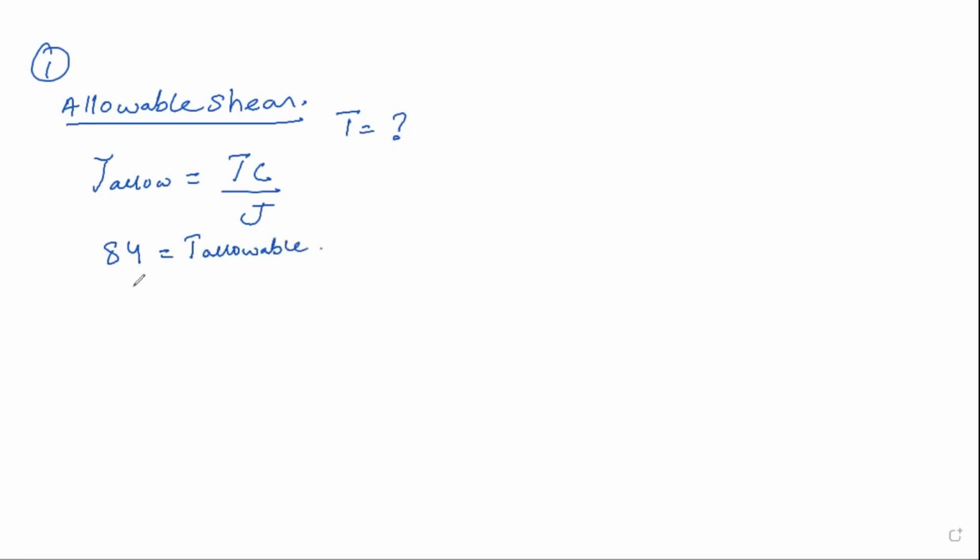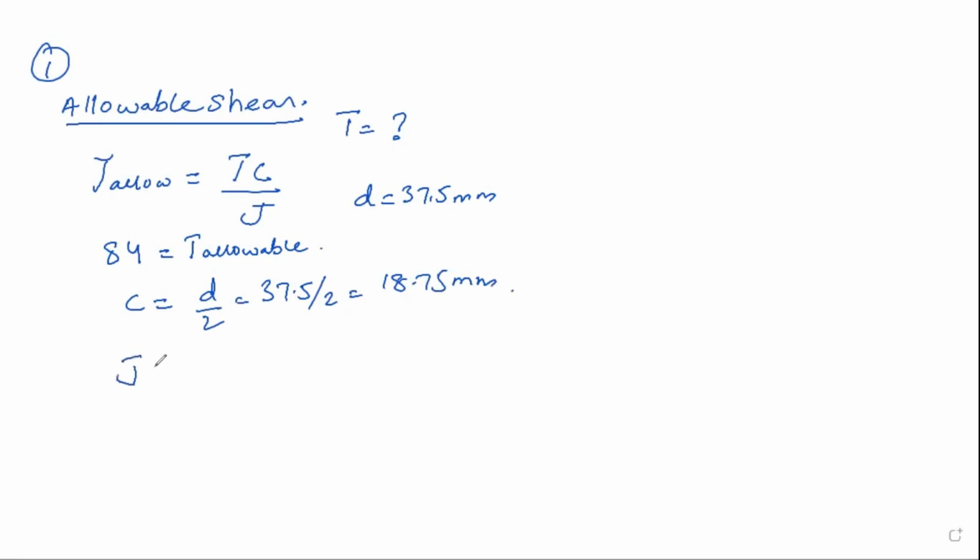Now, what is C? C is calculated from the diameter. Diameter is given 37.5 millimeter, so C will be D by 2. 37.5 divided by 2 is equal to 18.75 millimeter. So C is 18.75 millimeter.